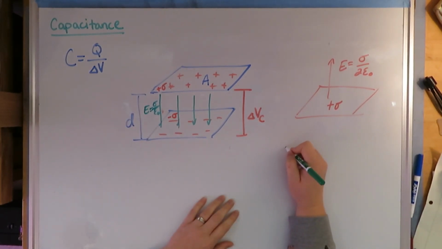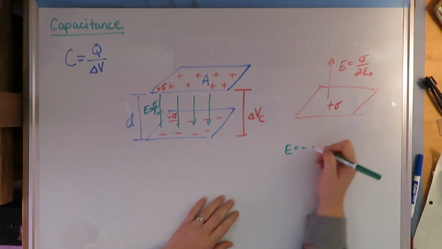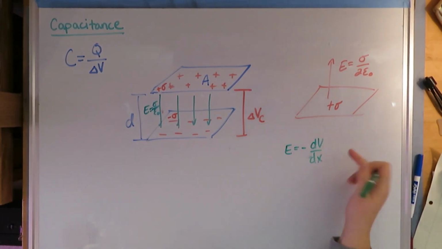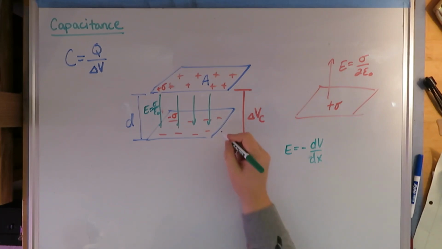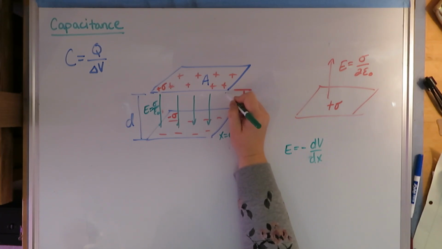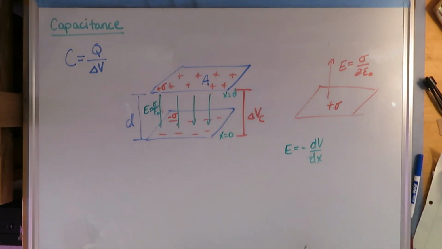I also know that my electric field is equal to negative dV/dx. So if I wanted to find my potential difference, I would assume that x equals 0 is the negative plate, and then x equals d is up at my top plate.